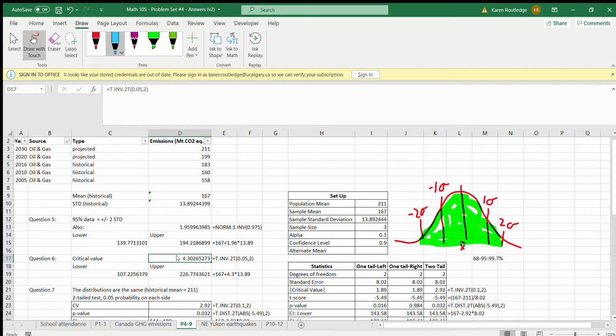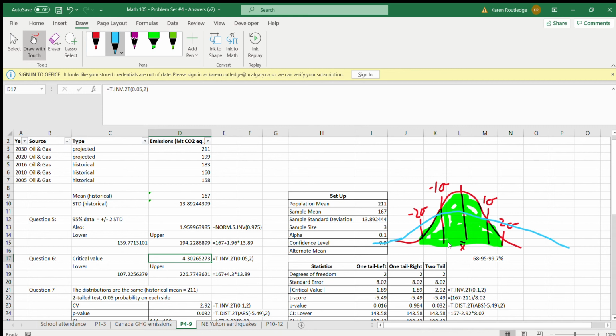For this particular example, we want the thresholds that contain 95% of the data. In a normal distribution, we know that's 2 standard deviations, but t-distributions are not normal distributions. We have a very small degree of freedom, so our t-distribution is actually quite a bit fatter than this, so it does something more like that.